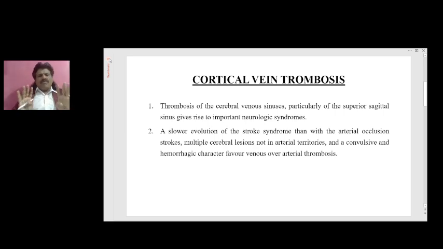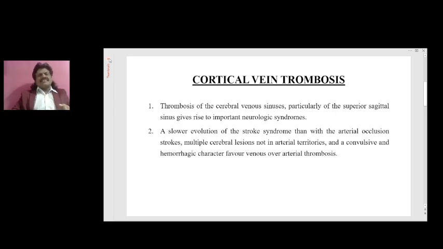So there are four important differentiating points between venous thrombosis and arterial thrombosis. In venous thrombosis, there is slower evolution of stroke syndromes, whereas arterial strokes present suddenly. Second, arterial strokes stick to a particular arterial territory, but venous thrombosis lesions are multiple and not in arterial territories.